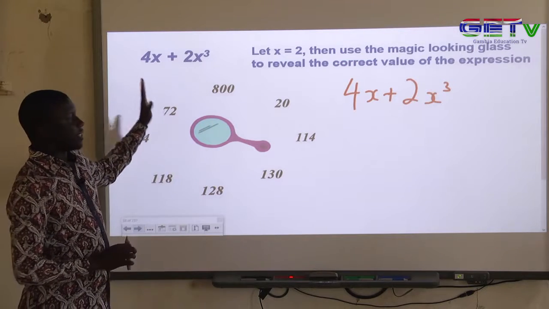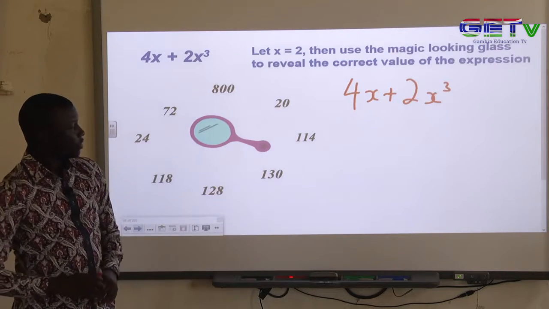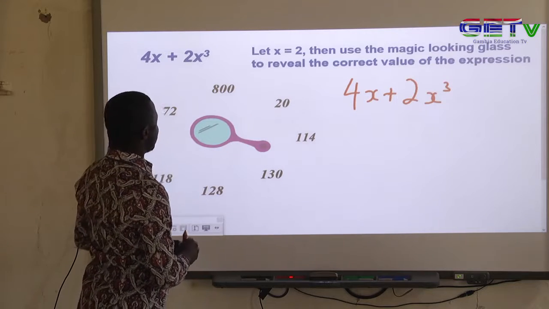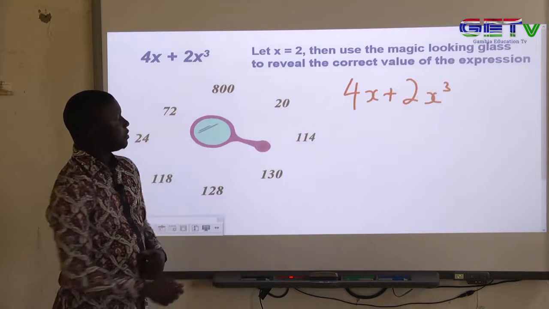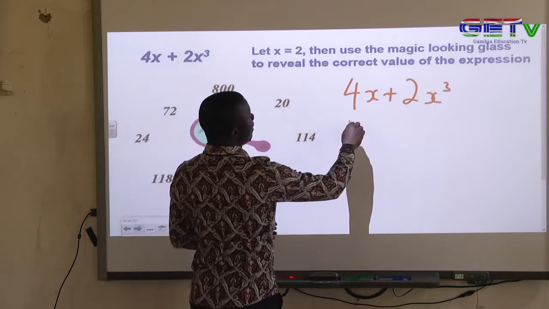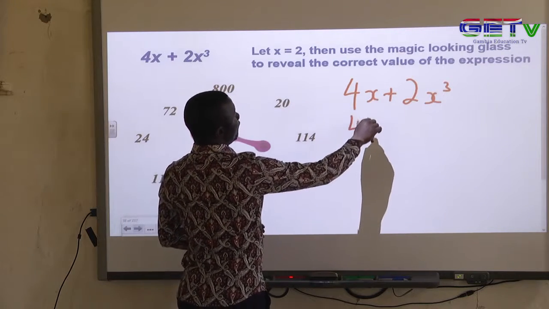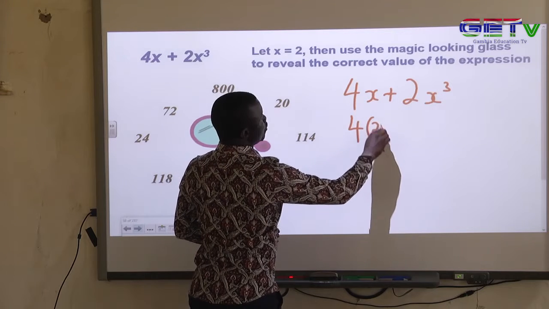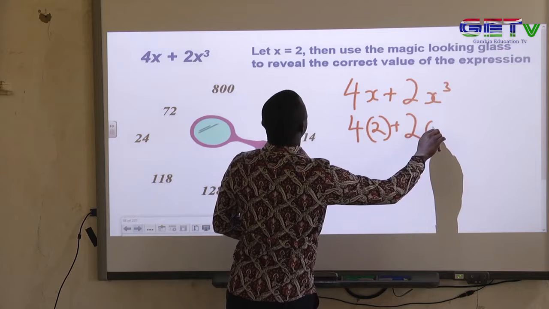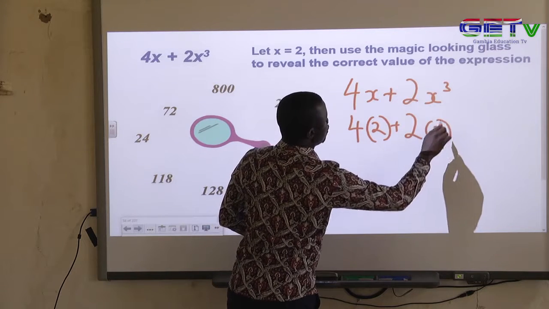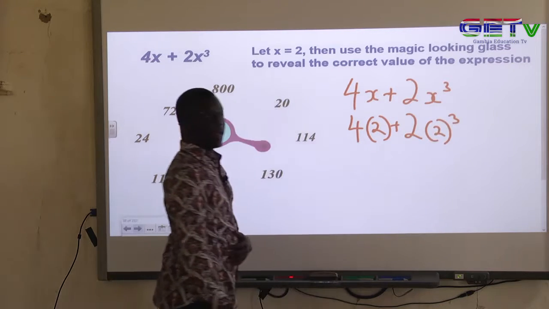That is always the first step, rewriting our expression. The second step says we substitute. Let us substitute the value of the variable, where 4x is 2 plus 2x is 2 again to the power 3.